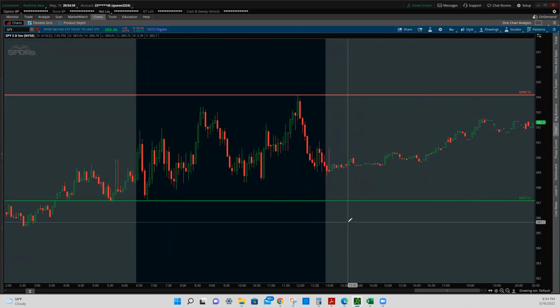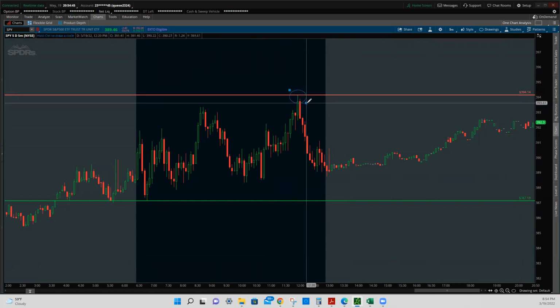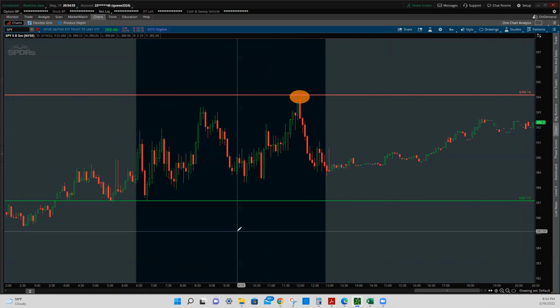So tomorrow we could see a green day because today we closed red. But as you can see here, the way you want to think about this is if price trades above 394 tomorrow, that's bullish. We just made a new high. Because remember, in trading, you want to be able to identify trends.